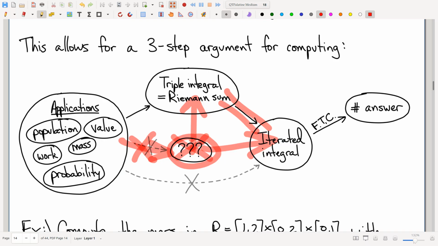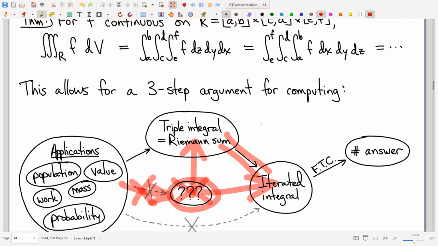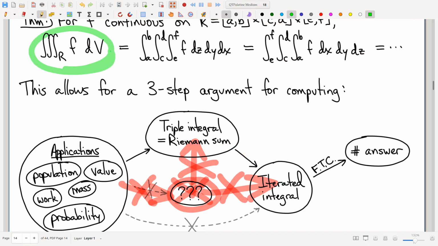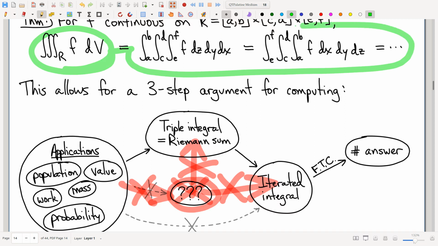Here's the good news. Even though I can't make that argument, it does remain that triple integrals can be computed with iterated integrals. This is still true. Now, how do you know it's true? What argument can I give you to persuade you? Not much of an argument can I really give you in this class.